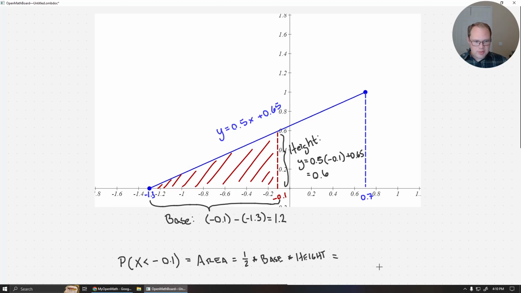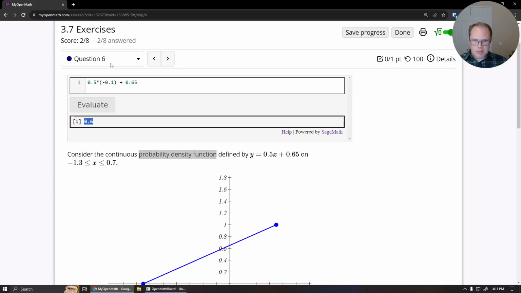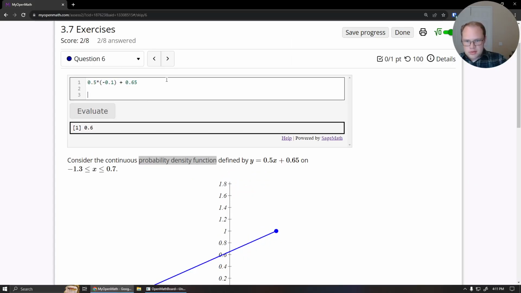So we have 1/2 times base times height. And that's 1/2 times, our base was 1.2, and our height was 0.6. So let's multiply that together, and we will get the probability.